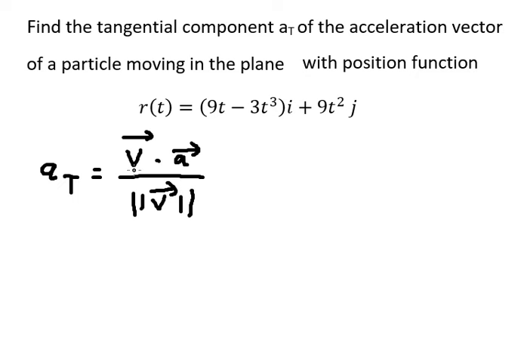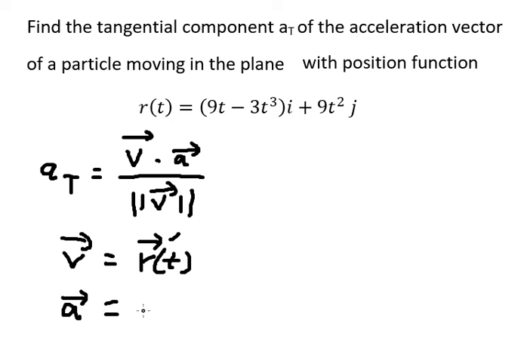So the first thing, we need to find vector v and vector a. Vector v is the first derivative of r, and vector a is the second derivative of r, or maybe the first derivative of v.